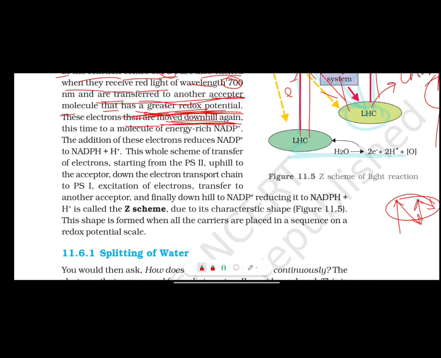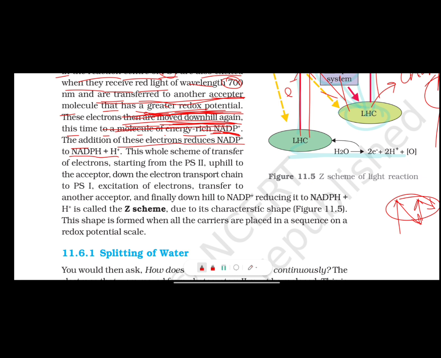These electrons are all moved downhill again, this time to a molecule of energy-rich NADPH. The addition of these electrons reduces NADP plus to NADPH plus H plus.